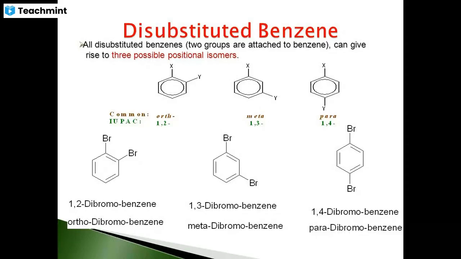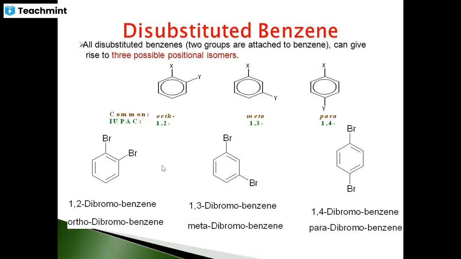Two. Very good. As I told you, if one substituent is present it is mono, 2 di, 3 tri, 4 tetra, 5 penta, 6 hexa, 7 hepta, 8 octa, 9 nona, and 10 deca.